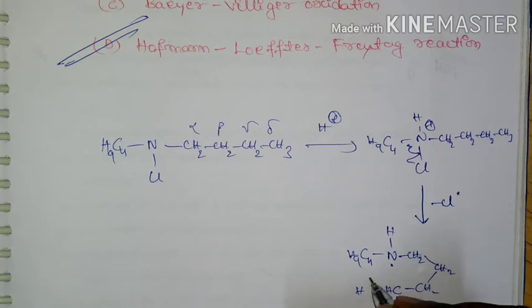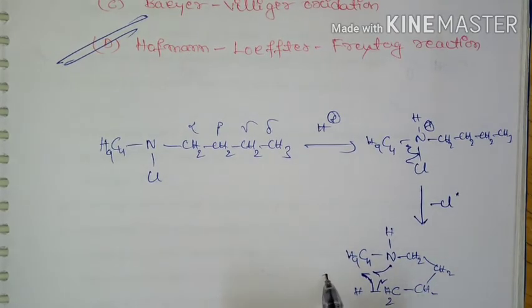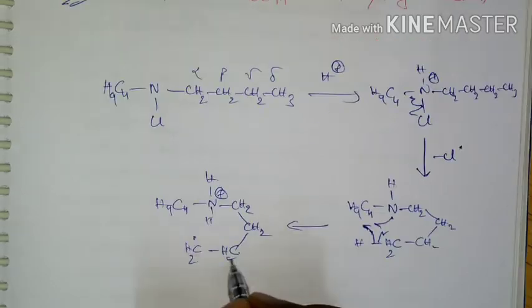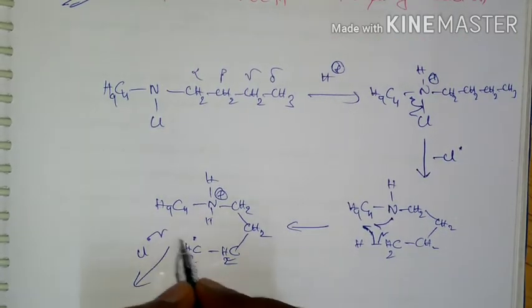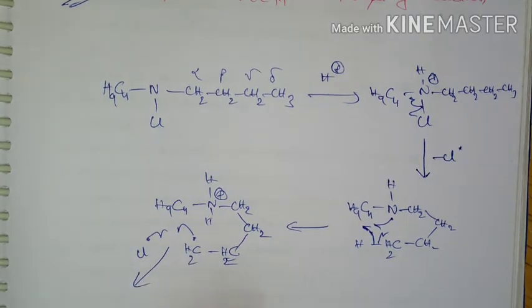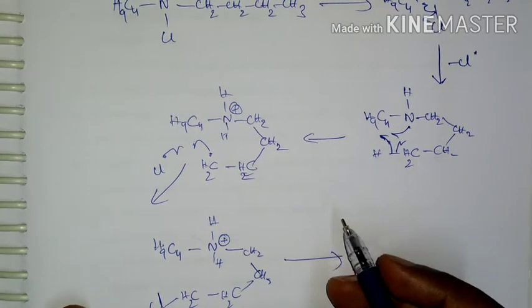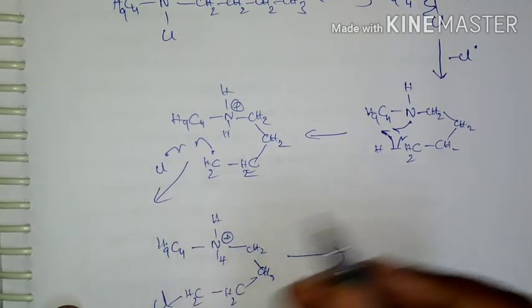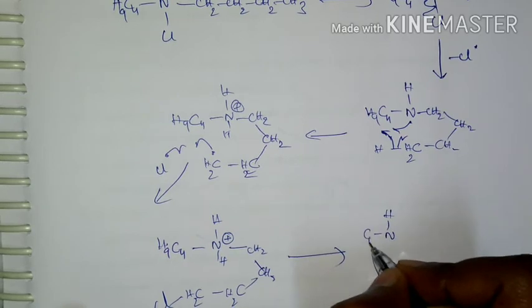Now this proton will combine with this amine radical, and this will combine with this chlorine free radical, and what we are going to get, Cl. So since we are going to do it in base, this proton will be abstracted by the base and it is going to form the amine.